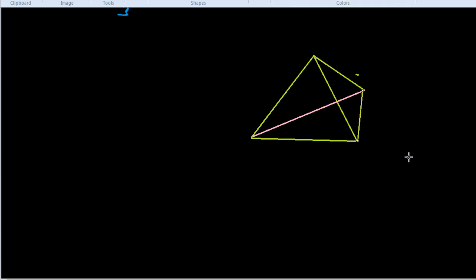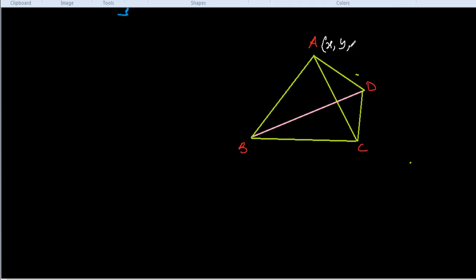Okay, so this is a tetrahedron. It is a pyramid, a triangular pyramid we have. So there are points, vertices. There are four vertices. One is A, the other is B, then C and D. There are four vertices, and the coordinates of the vertices we already know.